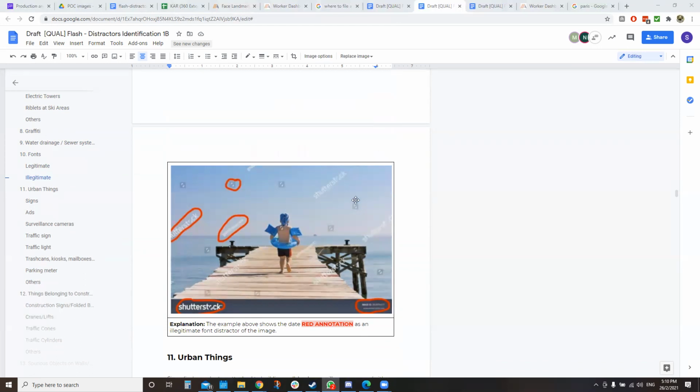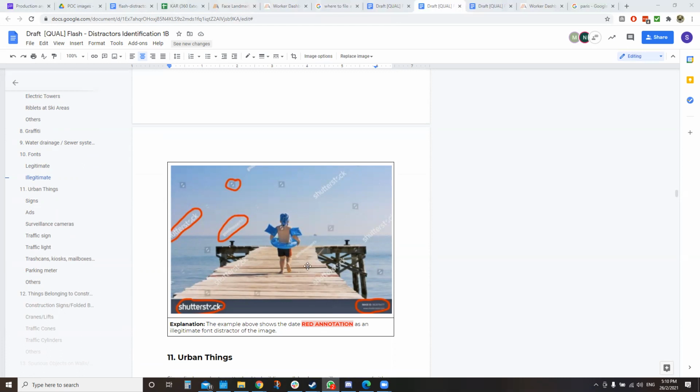Oh, because it's too many. Actually all of this, everything is actually a watermark. Shopping, even if it is legitimate, do we need to consider it a distractor or no need to consider? This is all illegitimate.